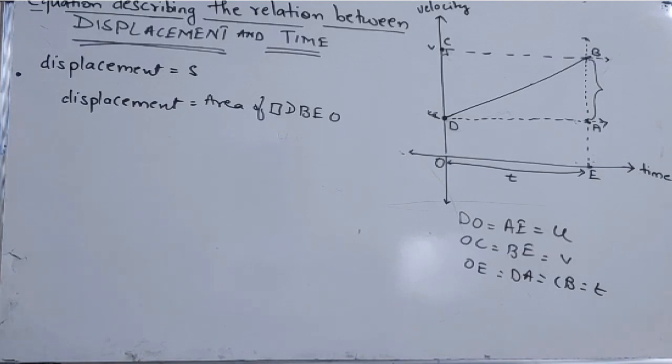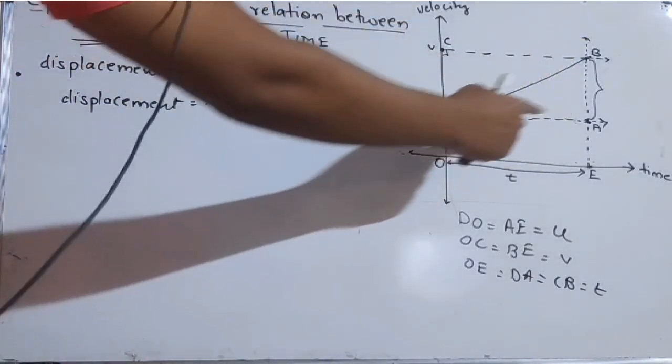Now you can directly apply the formula for the area of the trapezium, or you can split this trapezium into two geometrical figures. You get one triangle and one rectangle.